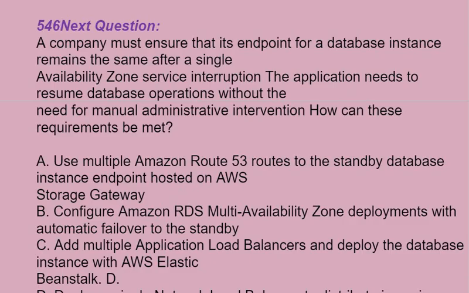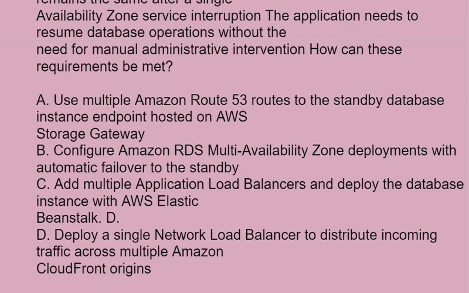Question is, a company must ensure that its endpoint for a database instance remains the same after a single availability zone service interruption. The application needs to resume database operations without the need for manual administrative intervention. How can these requirements be met? Option A, use multiple Amazon Route 53 routes to the standby database instance endpoint hosted on AWS Storage Gateway.